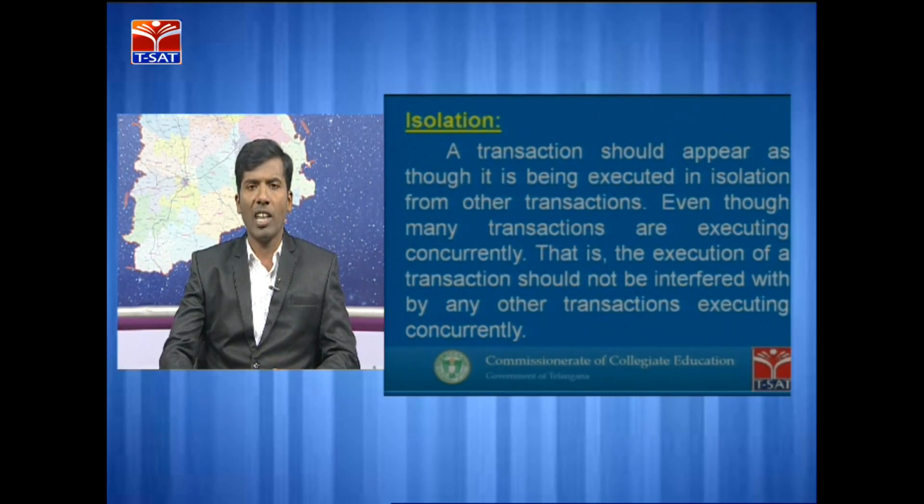The third one is isolation. There is one interesting feature that exists between competing transactions. When different transactions are trying to access the same data, that is being permitted by an advantage called concurrency.